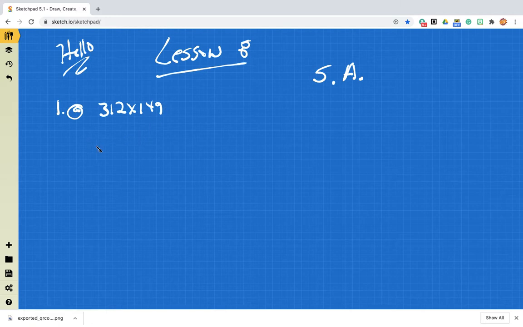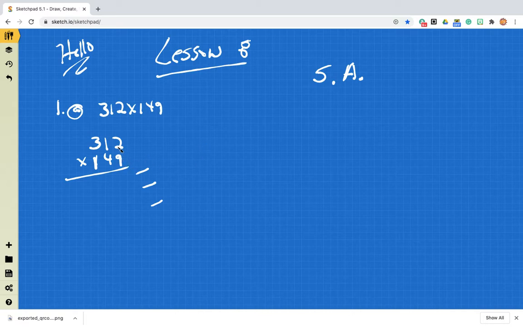So we're going to do it old school, just like Grandma used to do. 312 times 149. First, how many partial products should I have? I've got 3 digits on the bottom here, so I should have 3 partial products. Let's see if it works out that way.